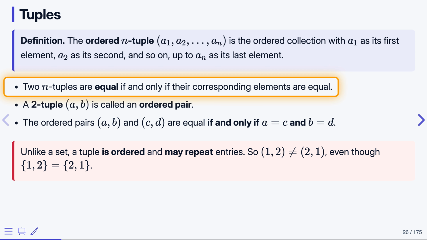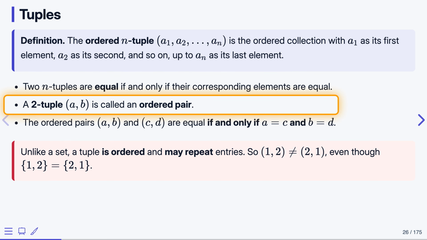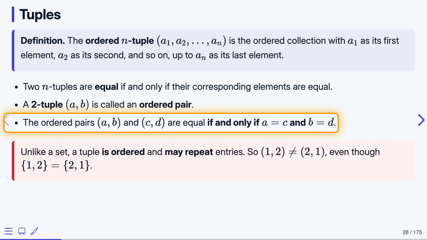Two n-tuples are equal only when their matching positions agree. The first equals the first, the second equals the second, and so on. A tuple with 2 entries is called an ordered pair. So the pair a, b equals the pair c, d exactly when a equals c and b equals d.